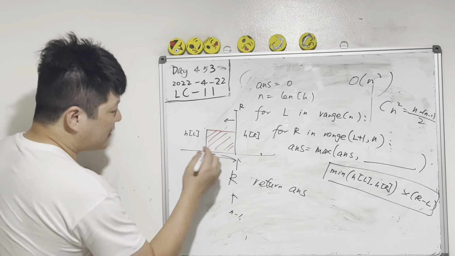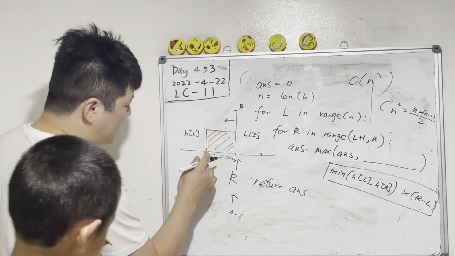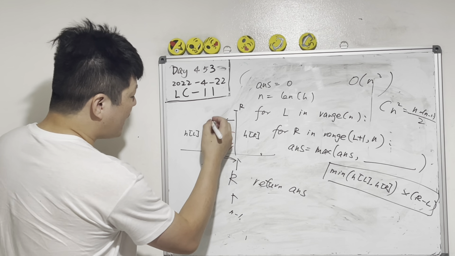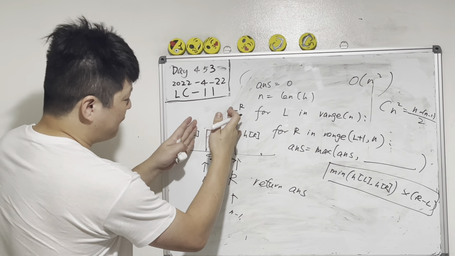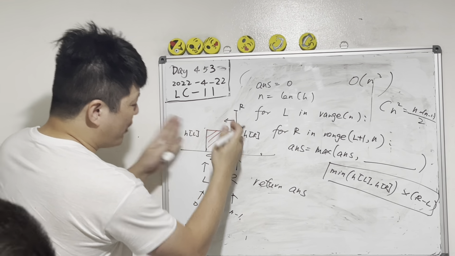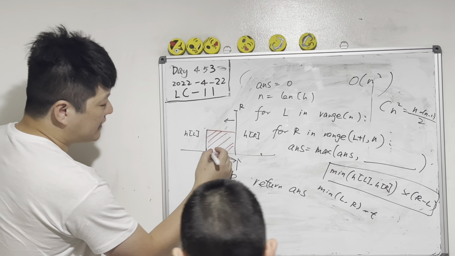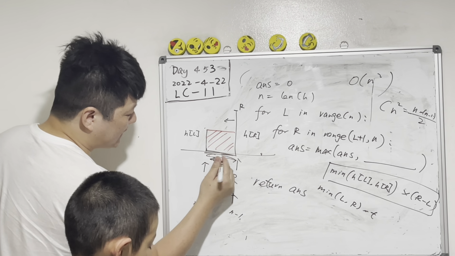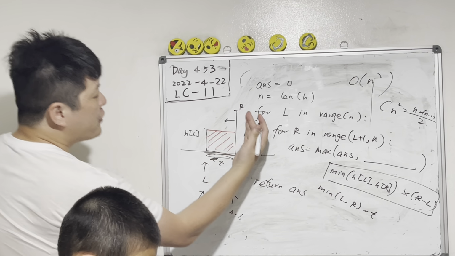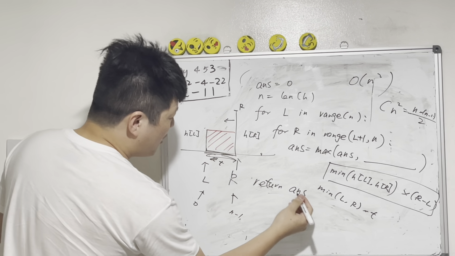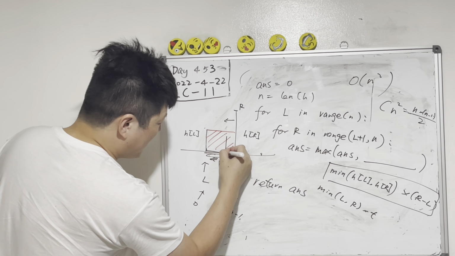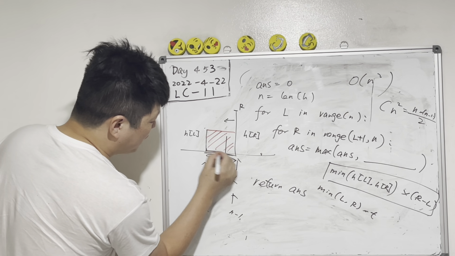Okay, so let's see. If this is L, right? Let's say currently the volume is min(L, R) times T. Okay, so look, let's say the distance here is T, right? If we move the R towards the left, the longer one, let's say we move it somewhere here, and then the distance is T1, which is shorter, right?